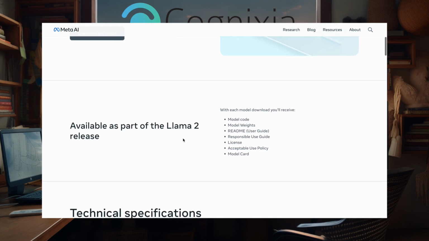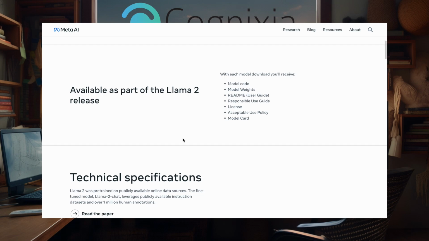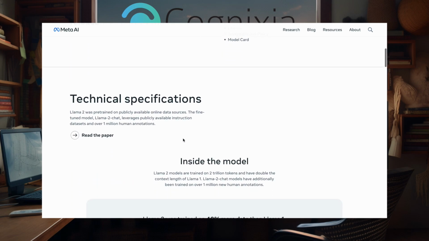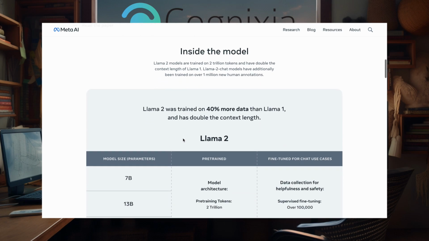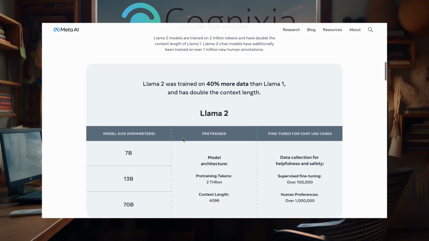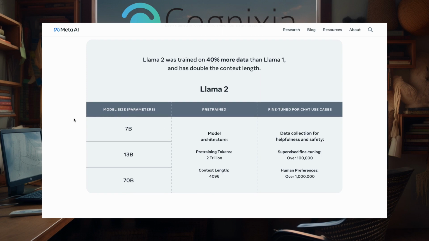I would say in terms of the amount of data that they put into Llama 2 in terms of training as opposed to the first version, there's definitely more data. I think I saw 40% more data than Llama 1. So that's definitely going to give it a broader and more up-to-date understanding of the world in general, which is really great.